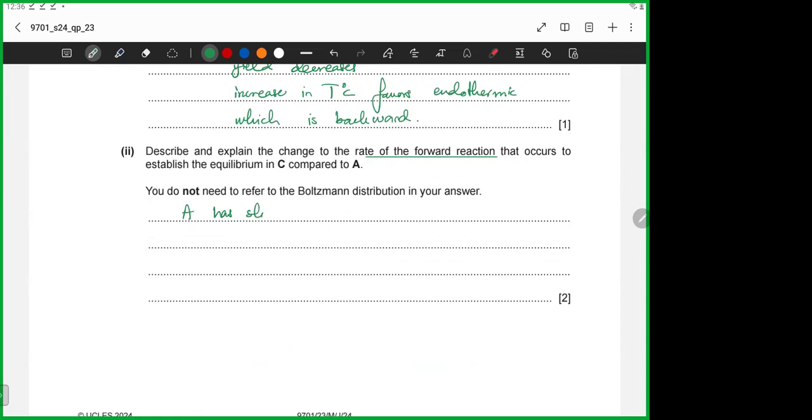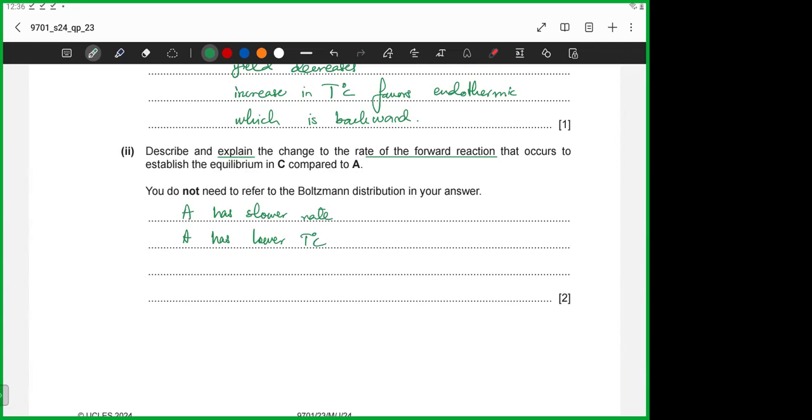Why? Because A has a lower temperature. But explain further. What does lower temperature do? It lowers the activation energy needed. No, the activation energy is only lowered by a catalyst.